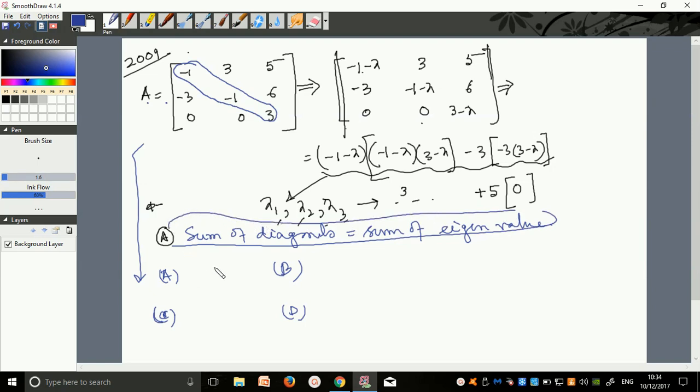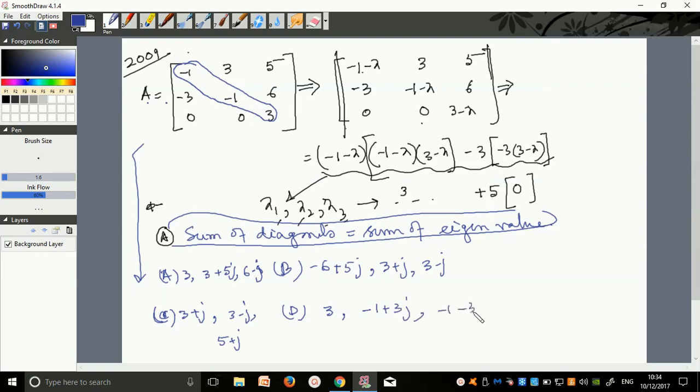I will write down the options: 3 plus 5j, 6 minus j, minus 6 plus 5j; 3 plus j, 3 minus j, 5 plus j; 3, minus 1 plus 3j, minus 1 minus 3j.